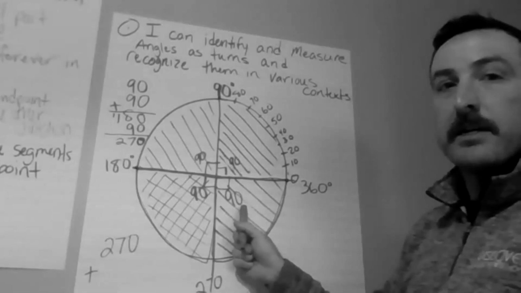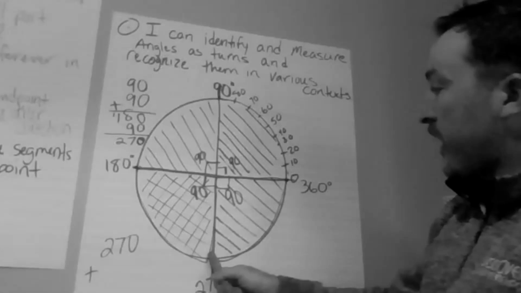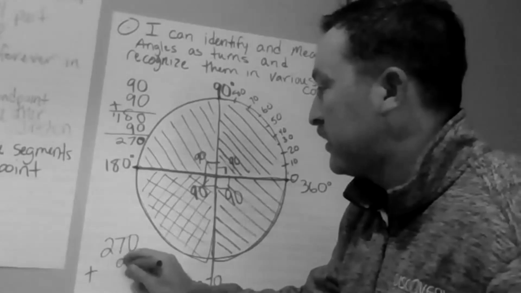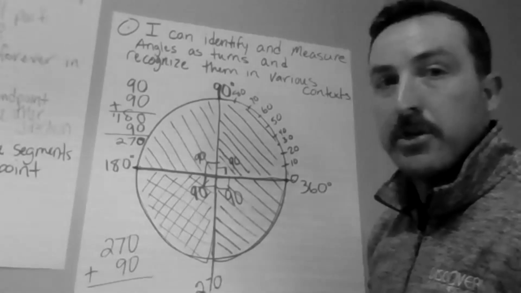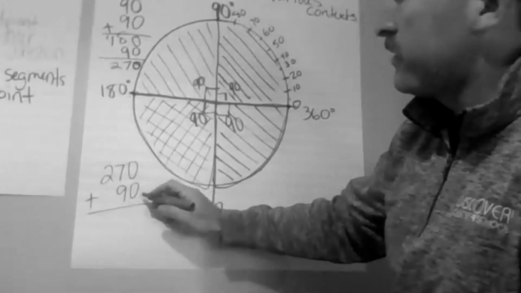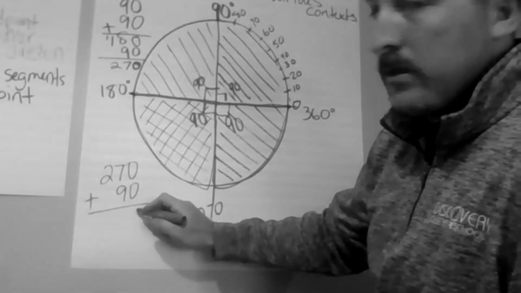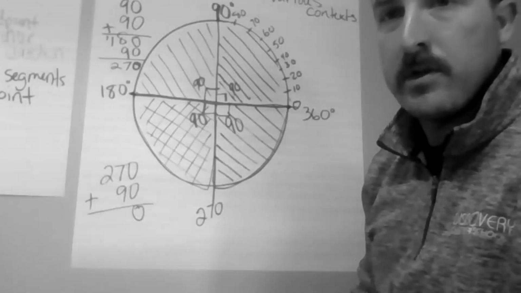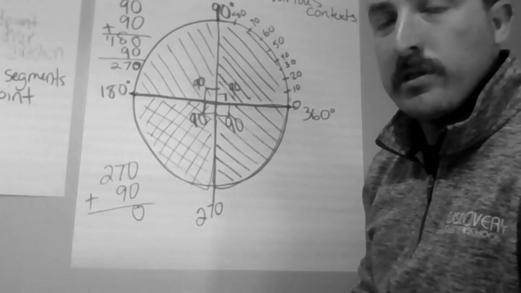So just double check to see if when we go from the starting point all the way back around, we're going to add this last 90 on. And we should get 360. So we have 0 plus 0, 0. 9 plus 7, 16.